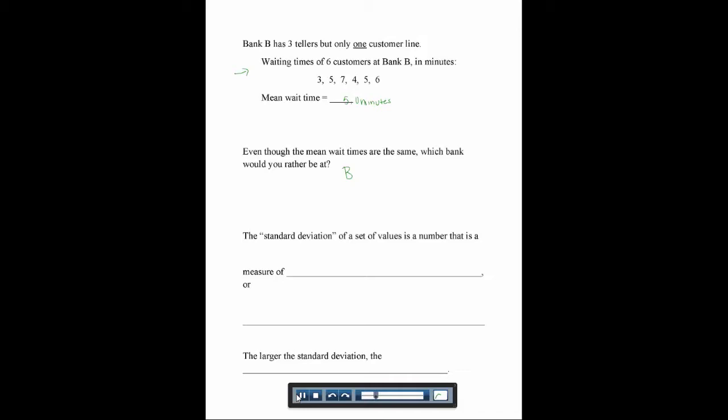So the standard deviation of a set of values measures what's called spread, okay, or how far apart things vary. So what it's really measuring is how far on average the data values are from the mean.